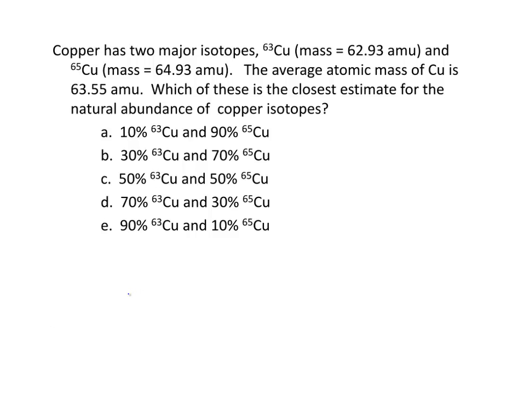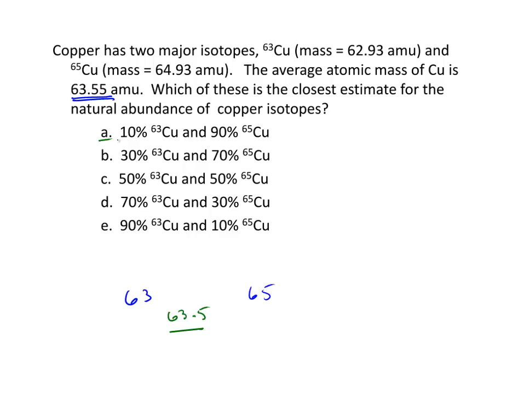Notice that copper-63 has a mass of about 63. Copper-65 has a mass of about 65. However, it says the average atomic mass is 63.55. I'm just going to call it 63.5 for the average atomic mass. So, which of these answers makes sense?